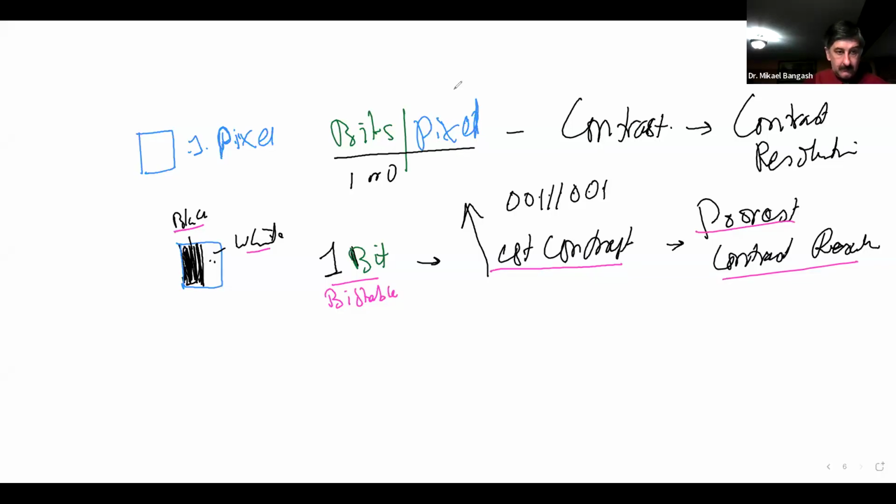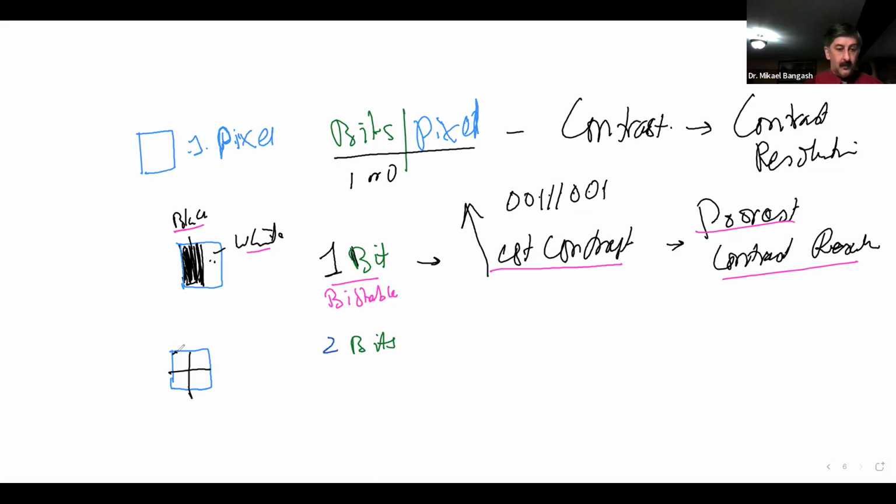Whereas on the other hand, if we have a similar pixel, but in this pixel you put, let's say, 2 bits, that may allow us to have up to 4 shades.